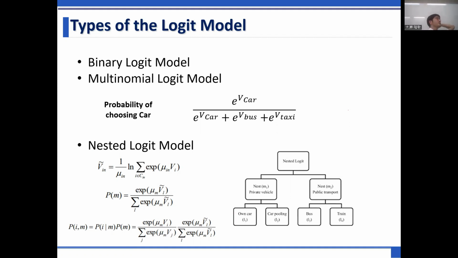And the nested logit model makes groups from the alternatives. And how to choose the methodologies is up to the conditions of the cities.